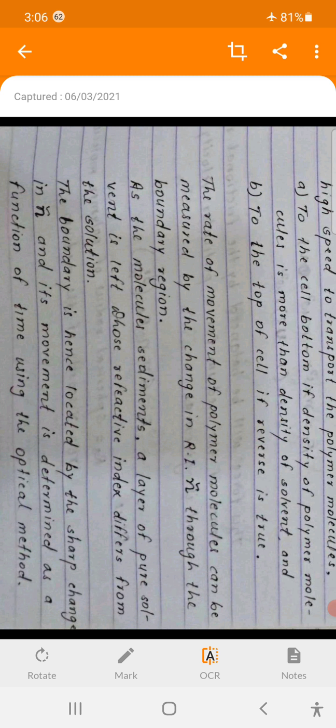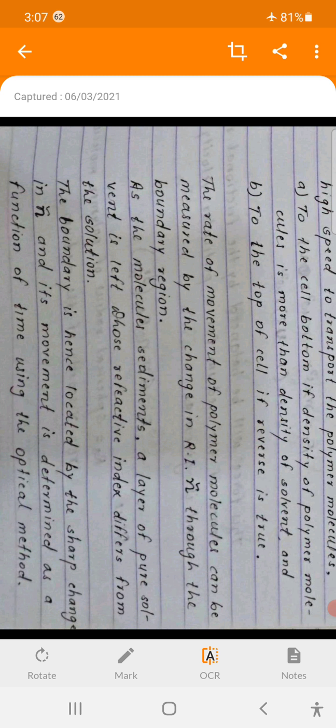As centrifugation is carried out, sedimentation means the molecules settle at the bottom, and therefore a layer is developed, a layer of two solutions: clear solution at the upper side and dense solution, that is heavy molecules, at the bottom side.